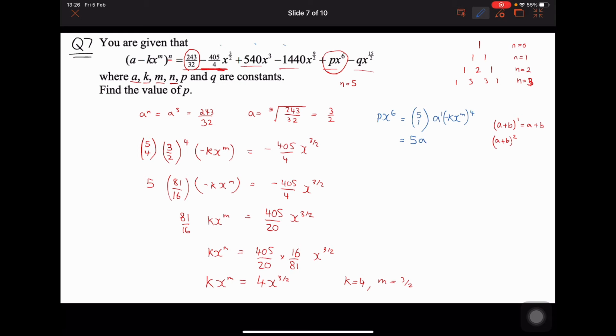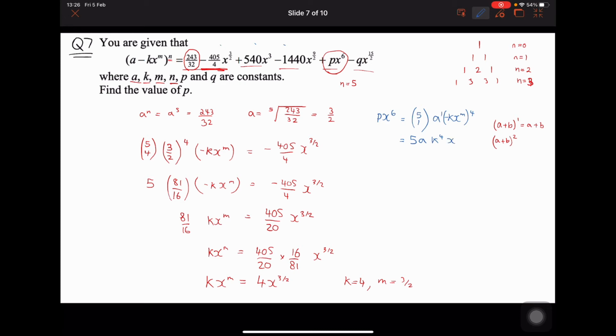Alright, I'll leave it as a for now. Then negative k to the power of 4 is k to the power of 4.